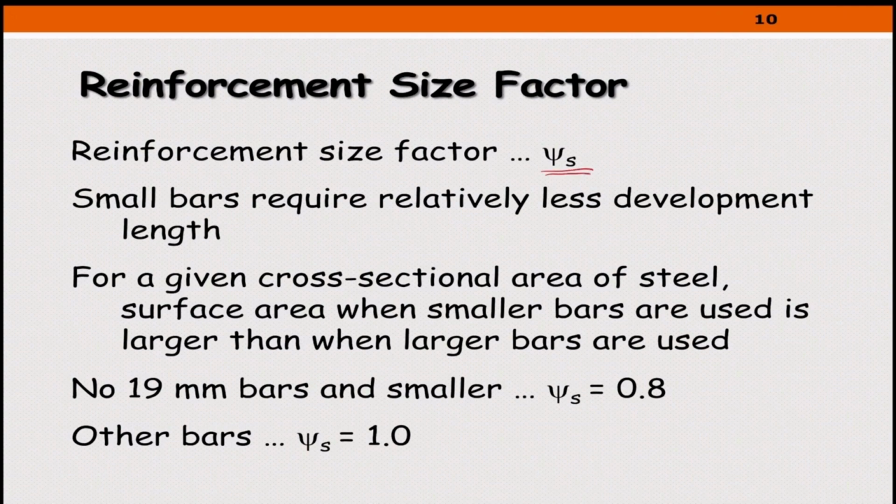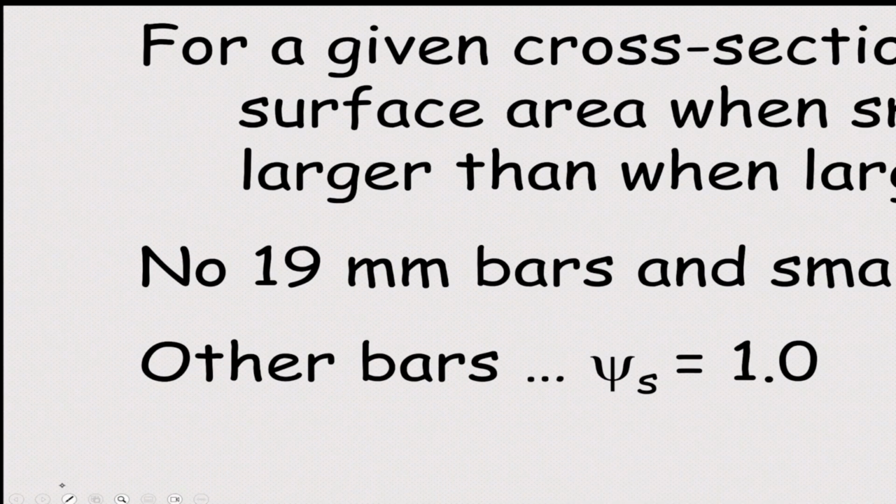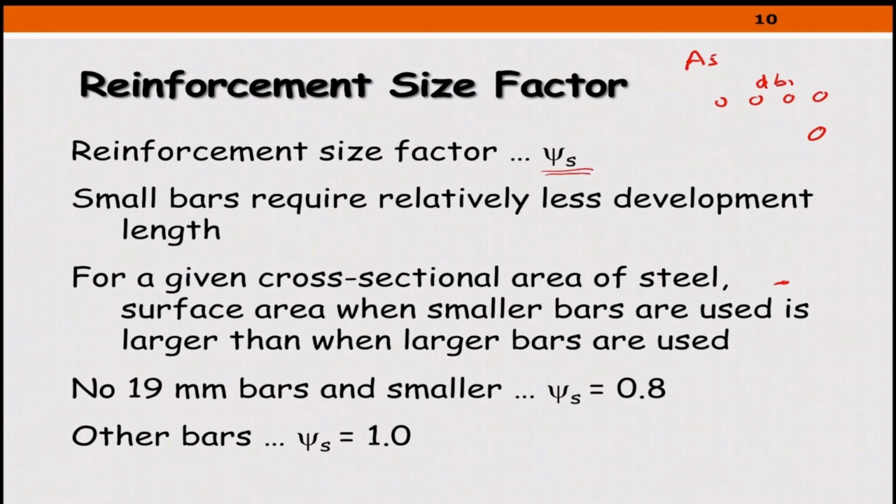Now, I'd like just to think together here. Suppose that based on your design, you came up with a required area of steel. Area of steel can be 4 bars of a certain bar diameter, dB1, or it can be equal to 2 bars only of a bigger bar diameter, dB2.